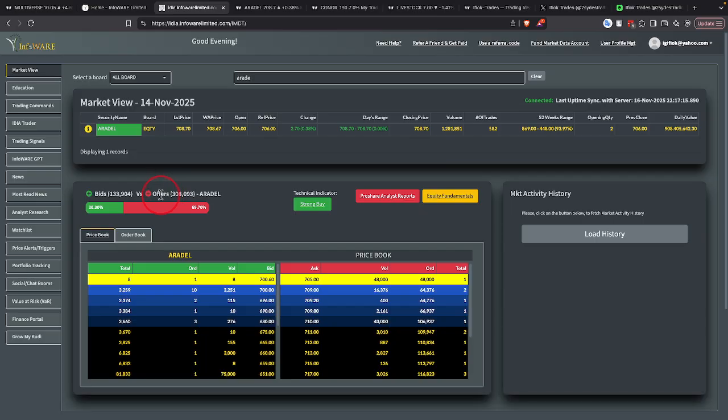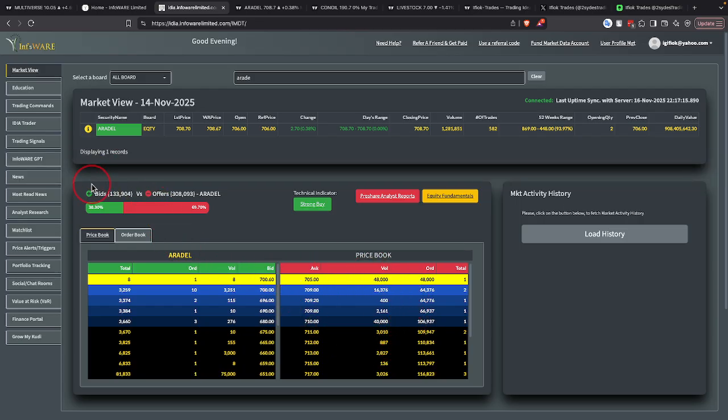Currently, it has offers over 308,000. What does offer mean? Offers mean that there are people in the market that have Aradel. They have the shares and they're willing to sell. That's the people on this side of the divide.